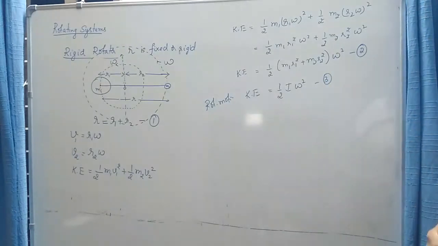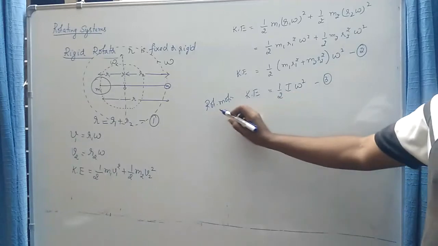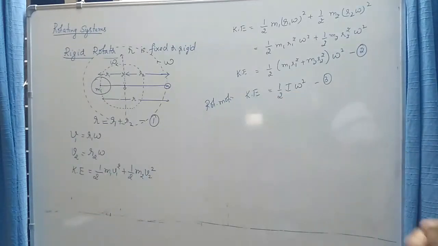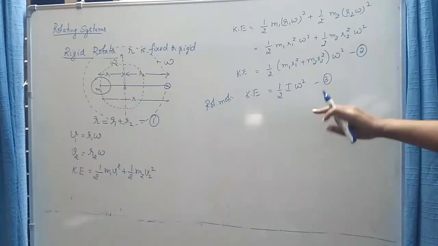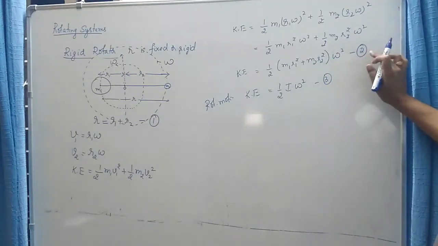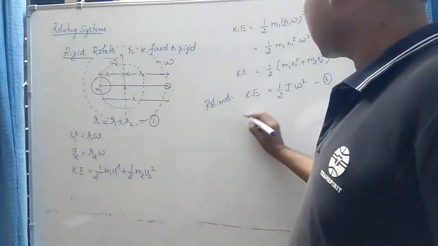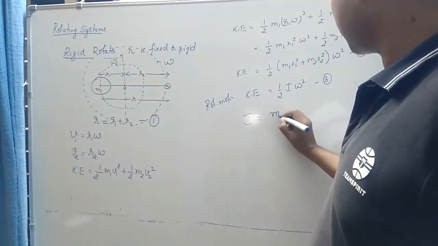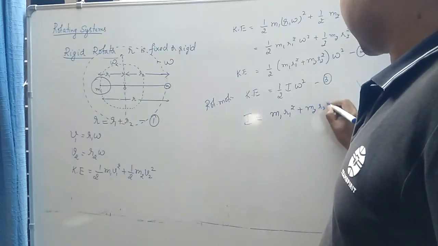In the previous example of a single particle rotating about the system, we had arrived at this equation that kinetic energy is equal to half I omega square, where I stands for moment of inertia and omega is the angular velocity. So if I compare these two equations, we can write equation 2 in the form of equation 3 if we allow the moment of inertia I to take the value m1 r1 square plus m2 r2 square.